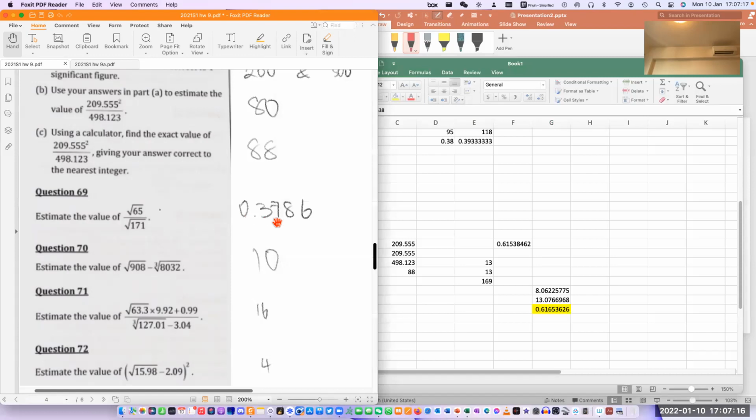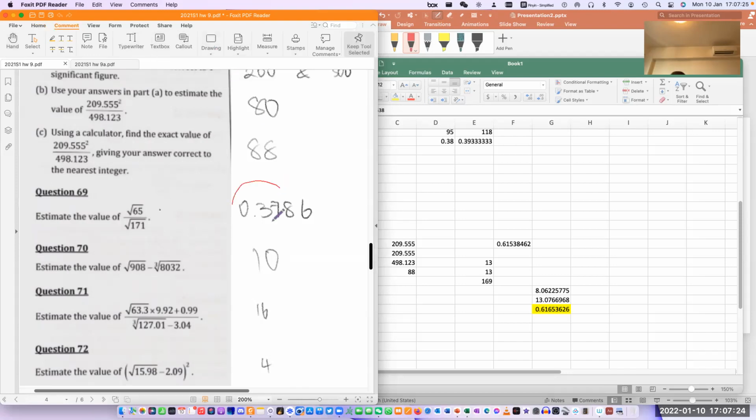Then how come you get 0.3786? This answer doesn't make sense. I don't know how you get 0.3786. The exact one will be 0.6165 something. So compared to my 8 over 13, 8 over 13 is closer. So this is the answer for this.